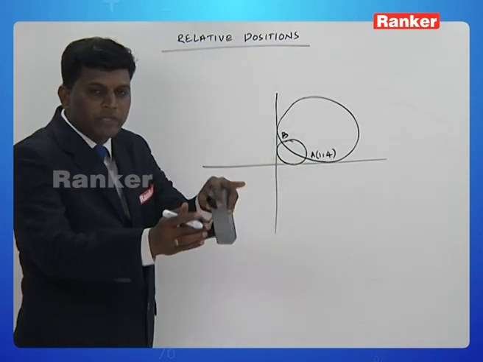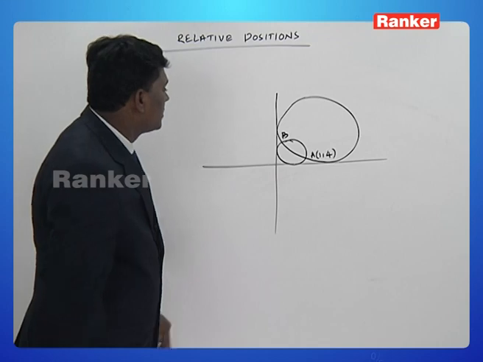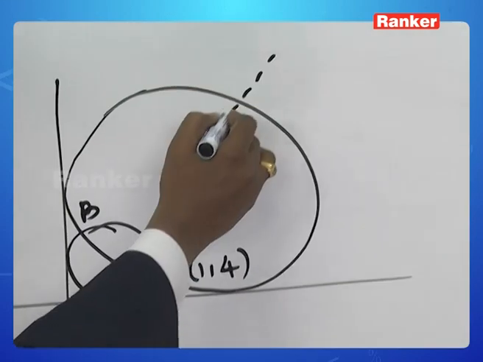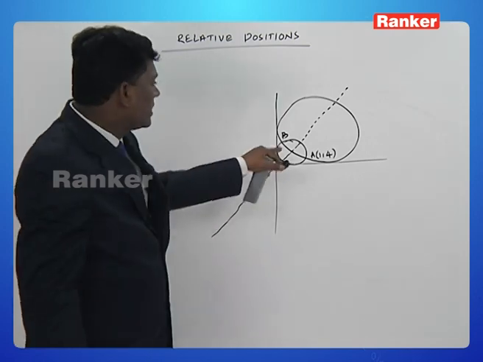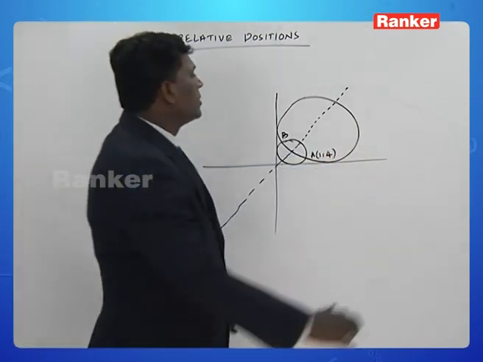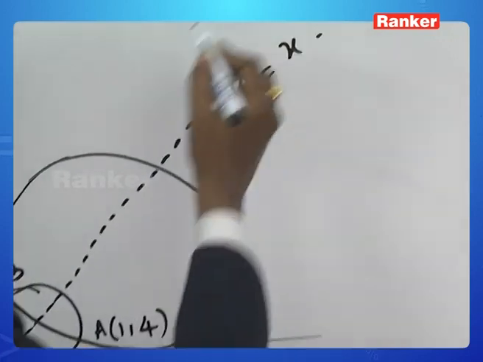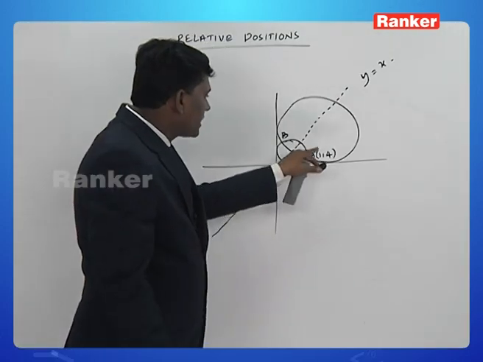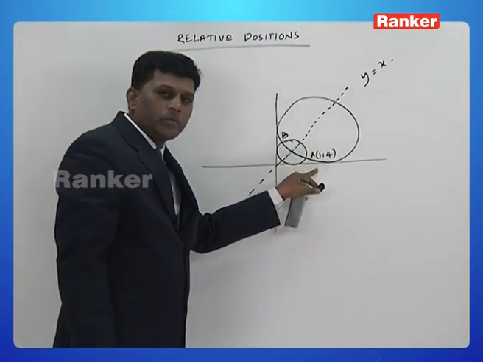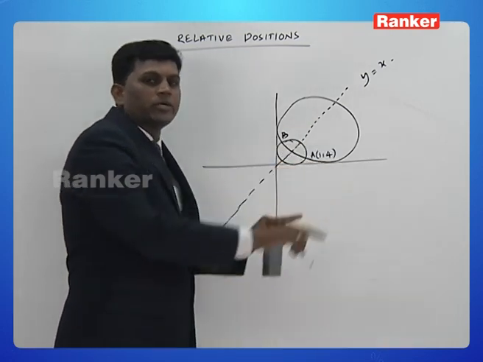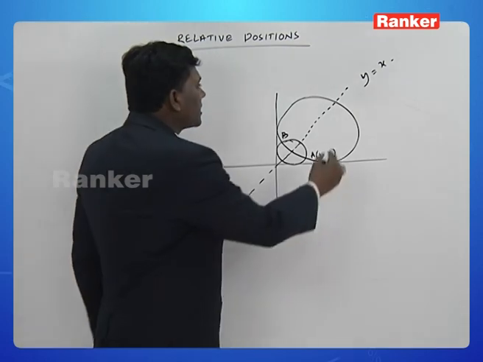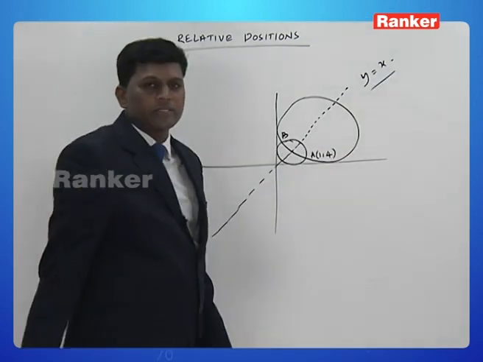So, according to the previous analysis we have taken, we can say that clearly the centers of these two circles are lying on the line y equals to x, because clearly the point is lying in the first quadrant and obviously the two circles are touching both the axes in the first quadrant. So, the center can be taken on the line y equals to x.